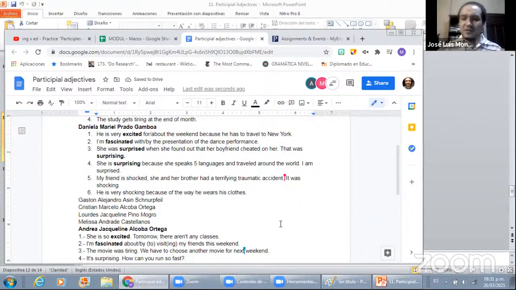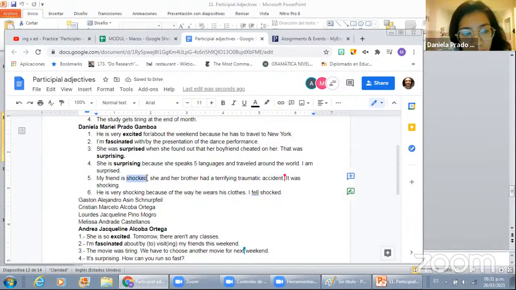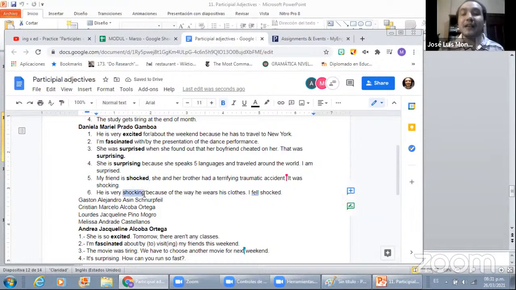He wears clothes in a very shocking way. He's very shocking because of the way he wears. I feel shocked. That's more or less the idea, all right? So shocked when that person is feeling that, and shocking when that person or that object is producing that. All right, that's very important.